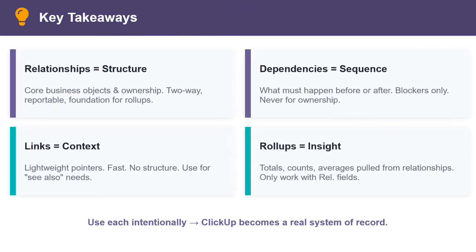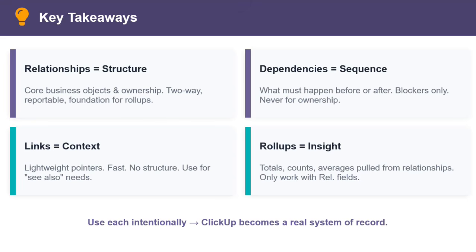Let's make 4 ideas really easy to remember. Relationships give you structure. They create the backbone of your data and show how different things are connected. Dependencies give you sequence. They show the order of work, what needs to happen first and what is blocking the next step. Links give you context.